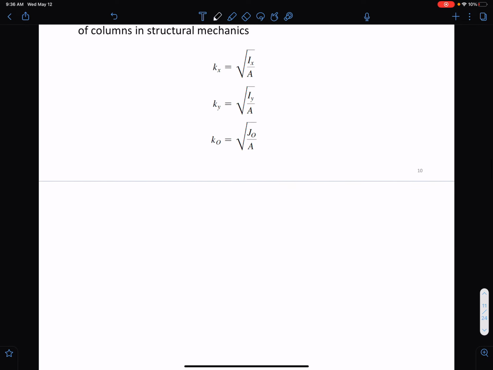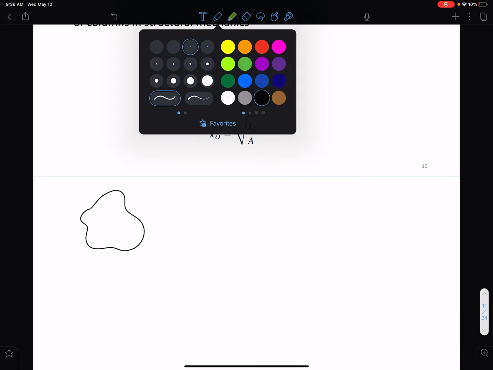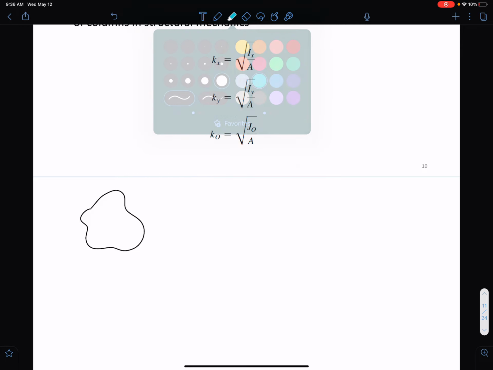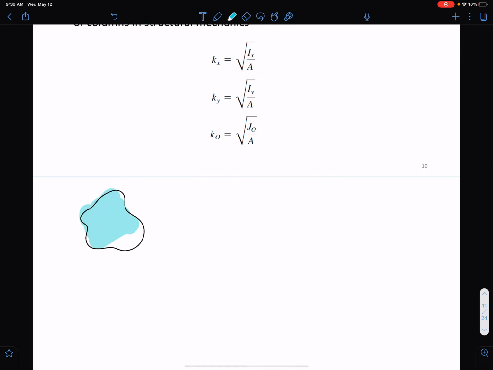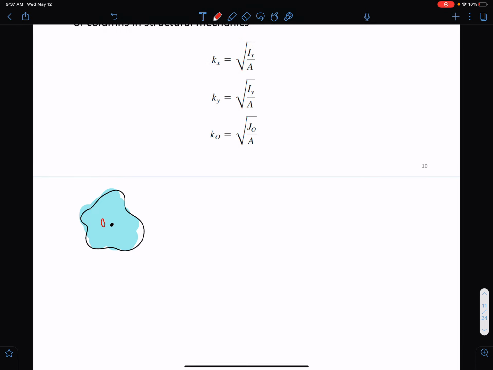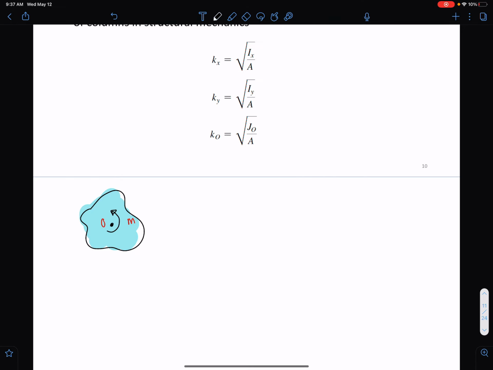So let's say I have some object here. I'm going to highlight this object. It has some shaded area, and let's say this is our centroid, our point O. And we have some m, this is our mass moment of inertia, and we have some rotation here.